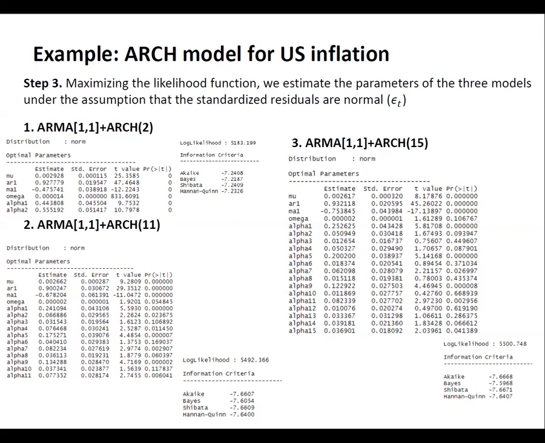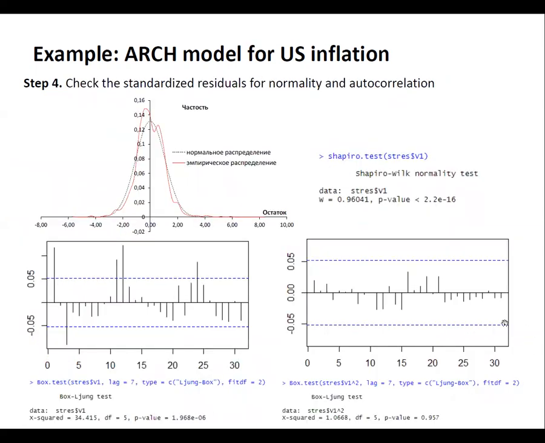What will we end up with? Here at the fourth step, we check the standardized residuals for normality and autocorrelation. First of all, we need to check for autocorrelation in order to understand what we choose from the previous versions of the model.